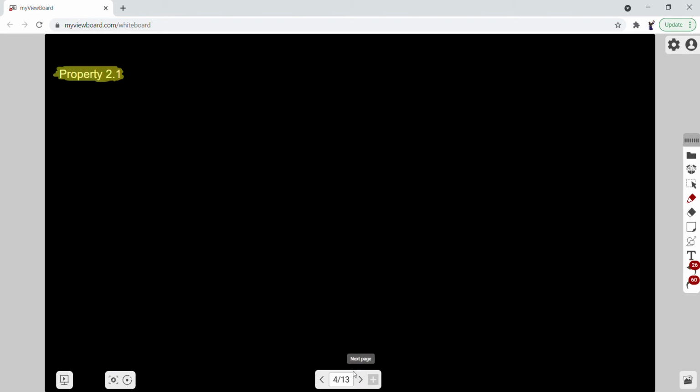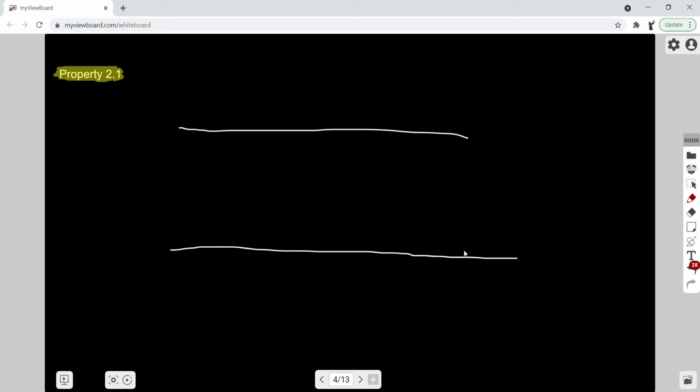So let's start. So what is the property 2.1? So if we have two parallel lines just like this, and we have a transversal, and we say that this angle equals this angle equals this angle, and this angle equals this angle. So there are some names called vertically opposite angles, corresponding angles, and there are some other names, so I don't remember those.